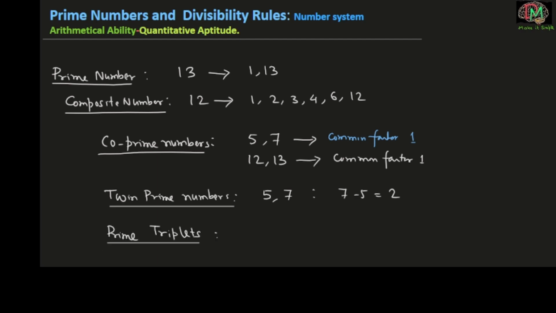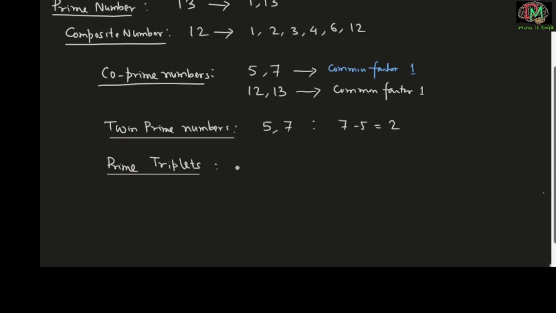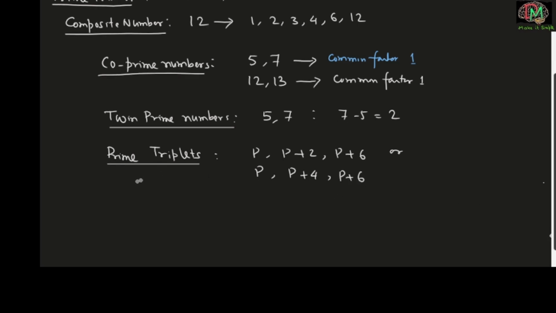Next we learn the prime triplets. Prime triplets are three prime numbers, which we can write as p, p plus 2 and p plus 6 format, or p, p plus 4 and p plus 6 format. Let's take one example.